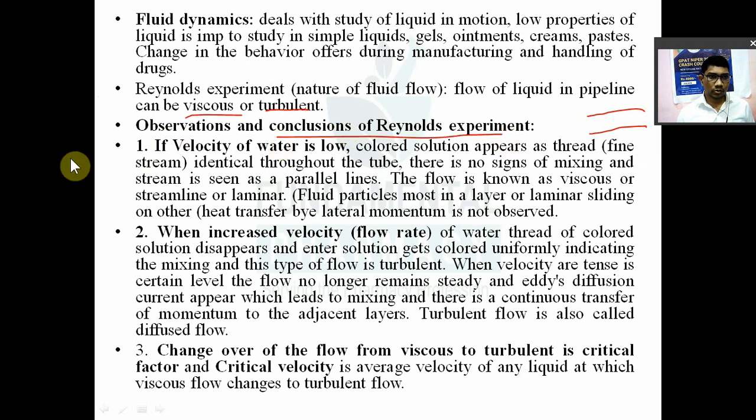So what is the first conclusion? If the velocity of water is low, the velocity of water from the vessel above, the colored solution appears as a thread or fine stream, which is seen in parallel lines. The flow is known as viscous flow, also known as streamline flow, or laminar flow.